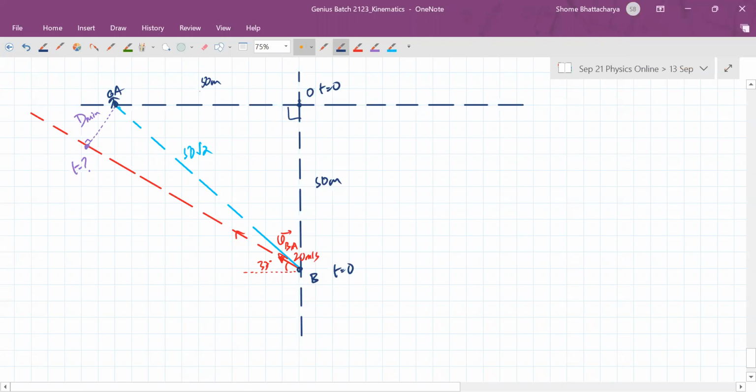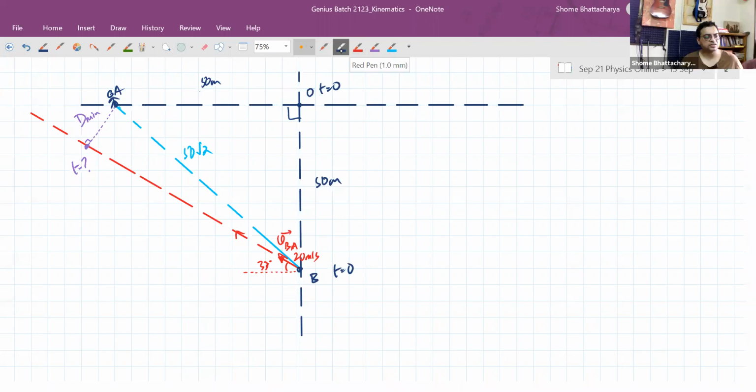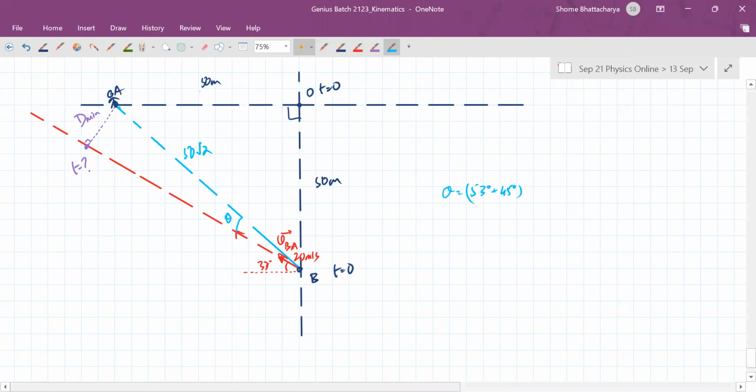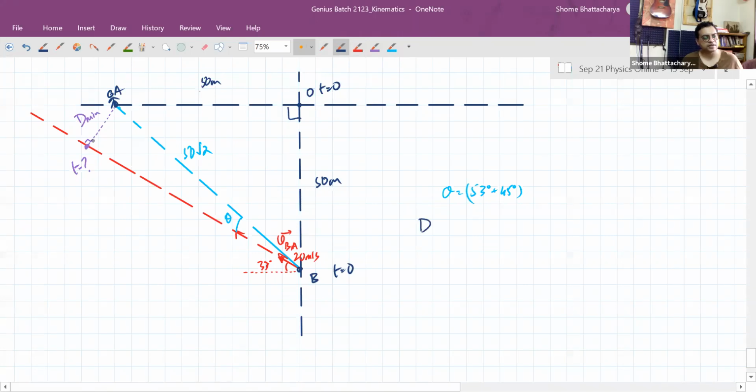And now what would this angle be here? This one. This angle theta would be 53 degrees minus 45. Correct? Yes, sir.